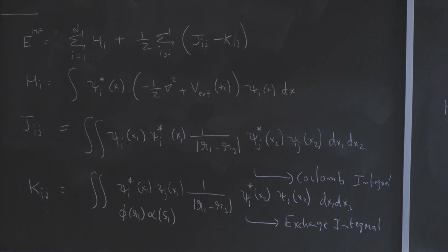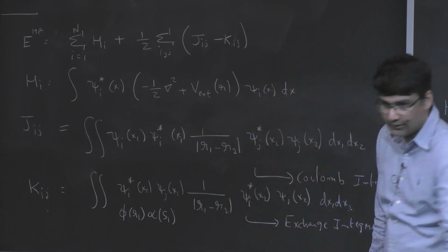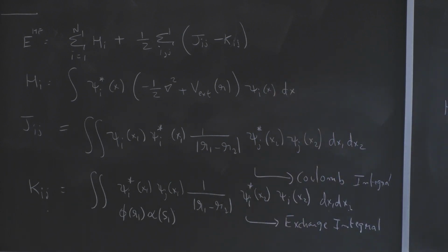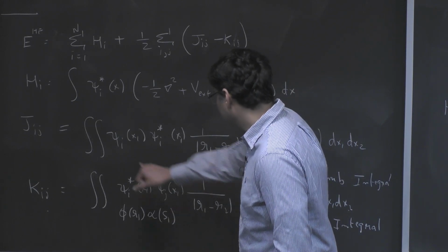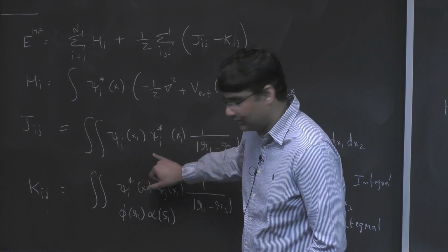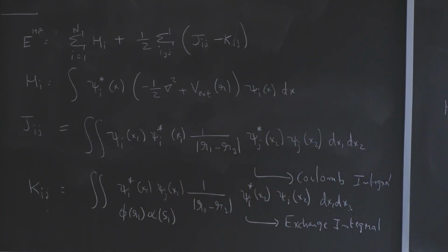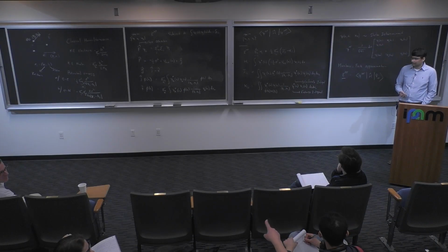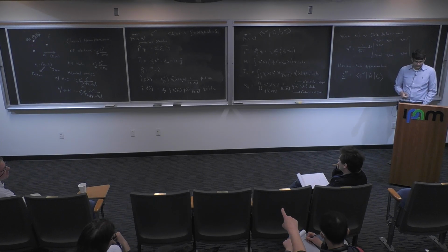The difference between the two is just that the indexes get flipped. For instance, here you have an I and I, and then this becomes an IJ. For the Hartree part, you have psi I times psi I conjugate.